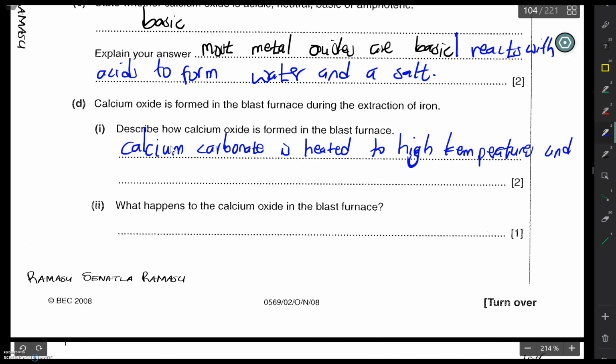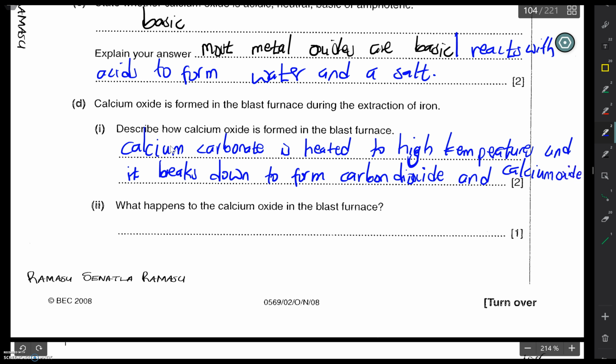And it breaks down to form carbon dioxide and calcium oxide. Here's the equation. It's calcium carbonate. You heat it and then it forms calcium oxide and carbon dioxide.